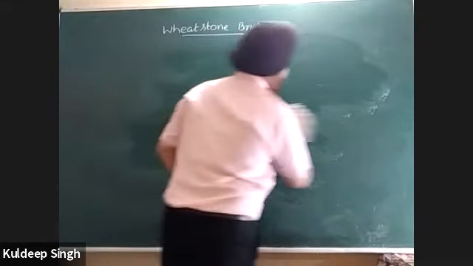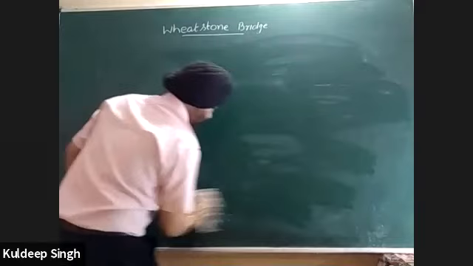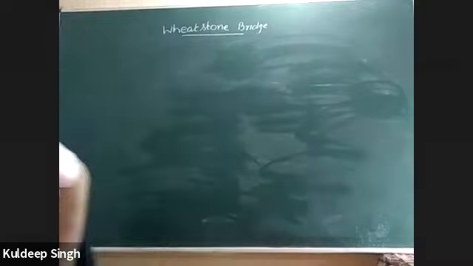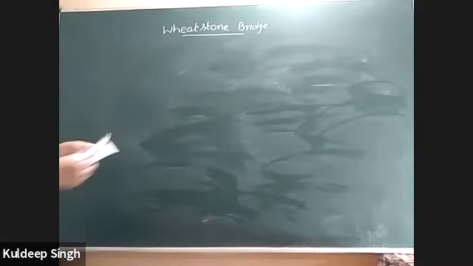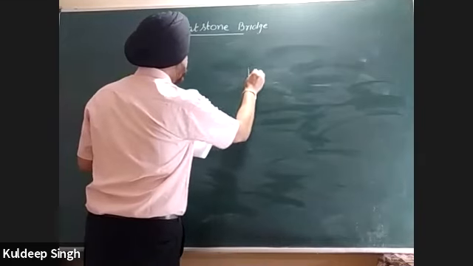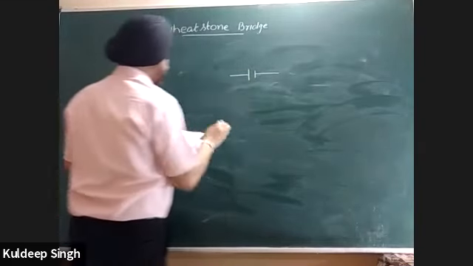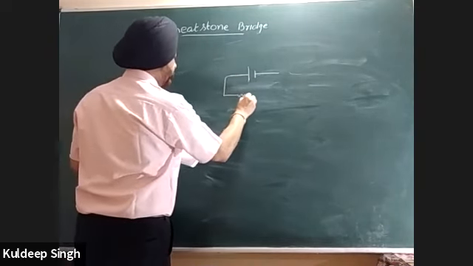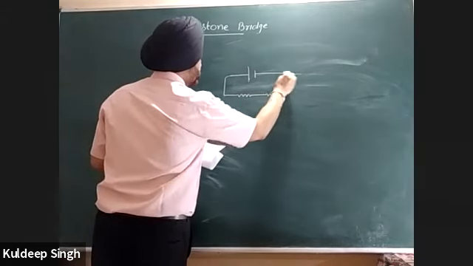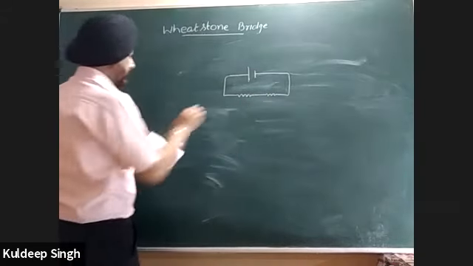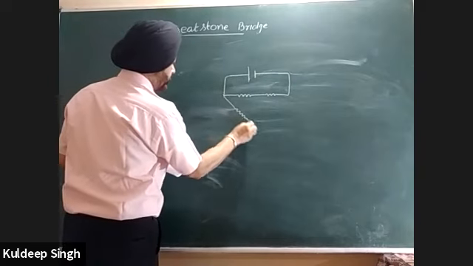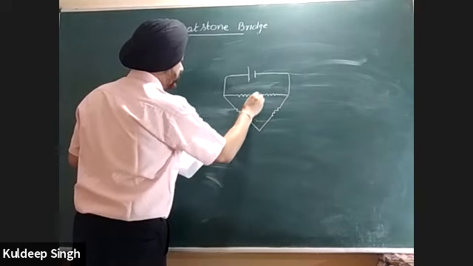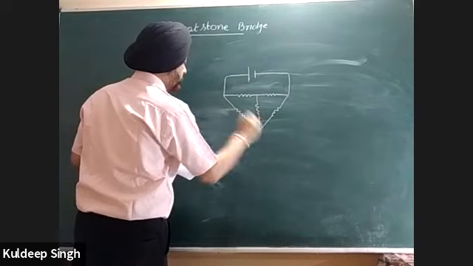There are many kinds of circuits. For example, let me draw another one. Here we are given a battery, and to this battery there are two resistances, and then there is another one.